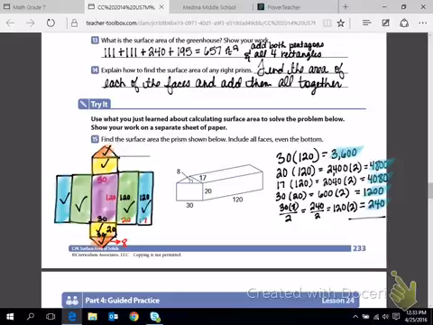And that comes out to 13,920. We don't have a specific unit that we've measured in, so we'll call that 13,920 units squared, because this is area.